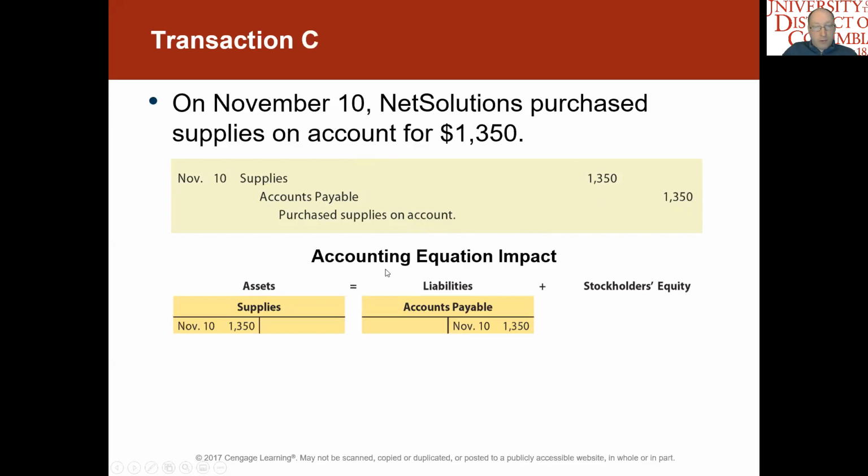And then looking at the impact on the accounting equation, we increased our supplies or our inventory by $13.50. So we debit the asset of supplies $13.50, and we credit the accounts payable liability by $13.50. So $13.50 equals $13.50. That is the impact on the accounting equation.